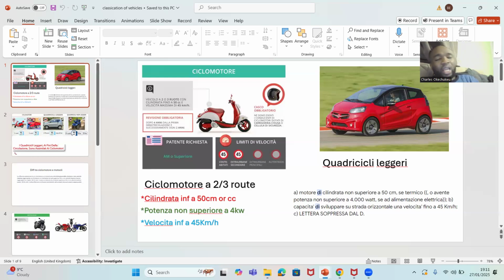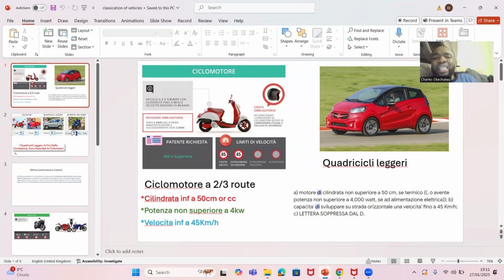Now, guys, watch. Let us enter into the characteristics of these vehicles. Ciclomotore, please write it down. Let us start with ciclomotore a 2 o 3 ruote. The first characteristic is that their cilindrata è inferiore a 50 centimetri cubi, or 50 cc. What does this mean? If you look at your ciclomotore, they have a cylinder where they put fuel, the part that contains the fuel.